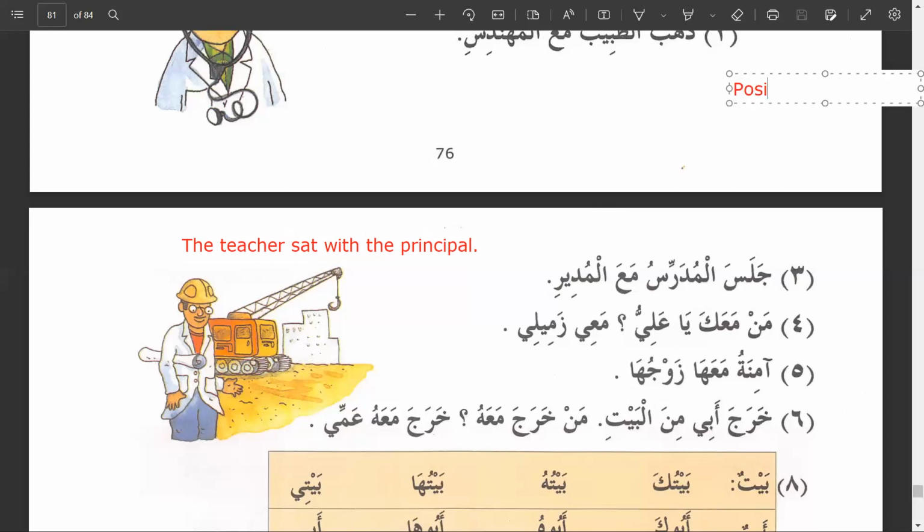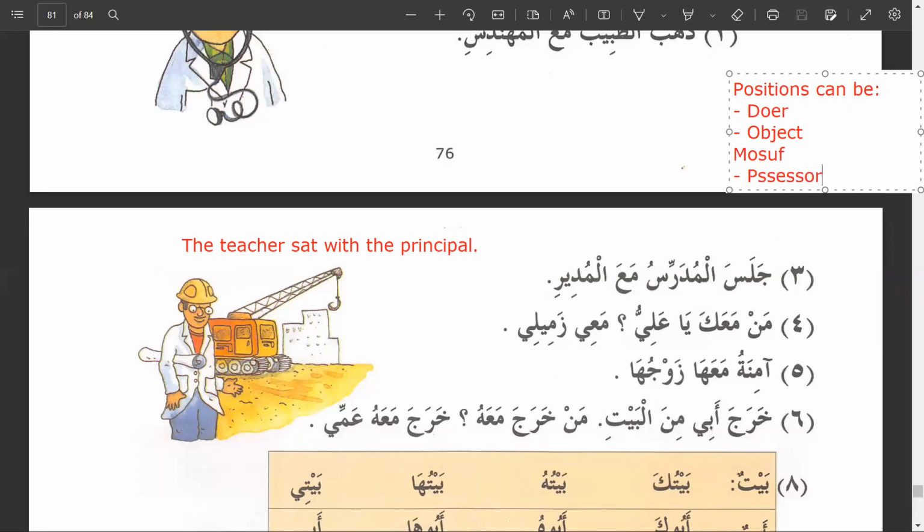Positions can be, can you tell me different positions, like doer, or object, or possessor, or mudaf. And what else?